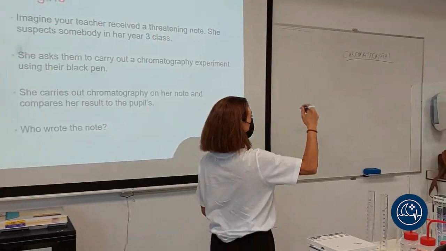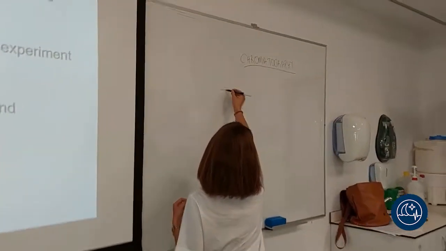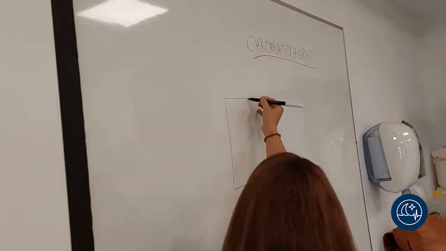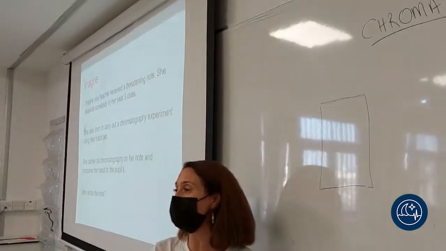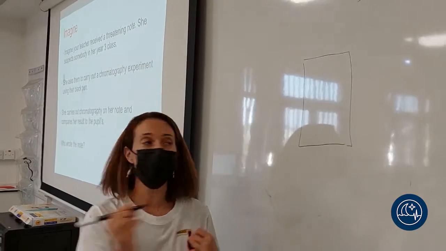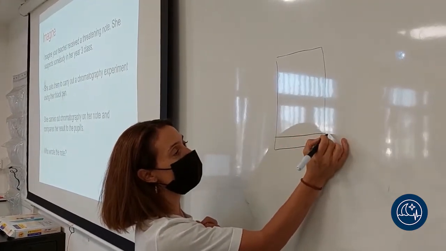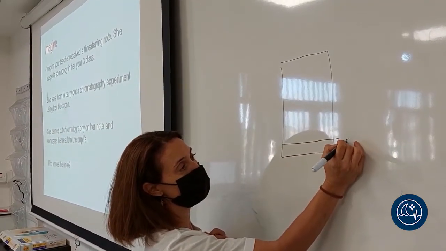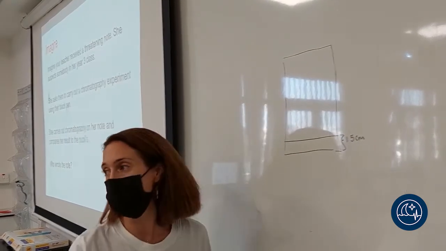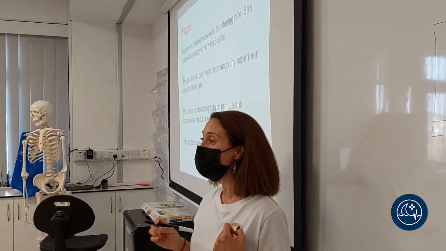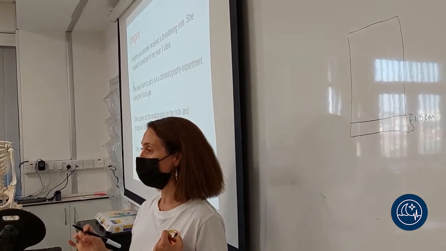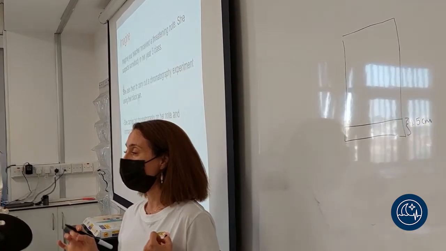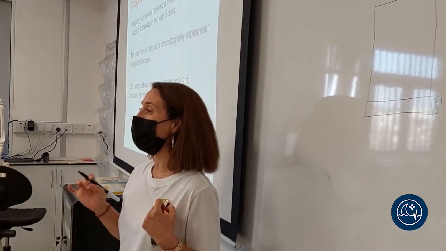You're going to get a chromatography paper, which you all have, and you're going to take a ruler and draw a nice line with a pencil at around 1.5 centimeters from the bottom. Doesn't have to be precise. Important thing is that it's done with a pencil. This is known as your baseline.